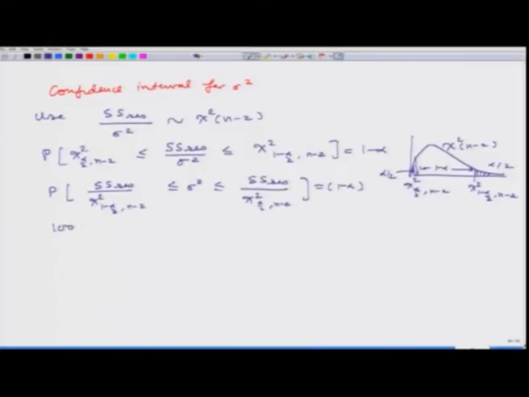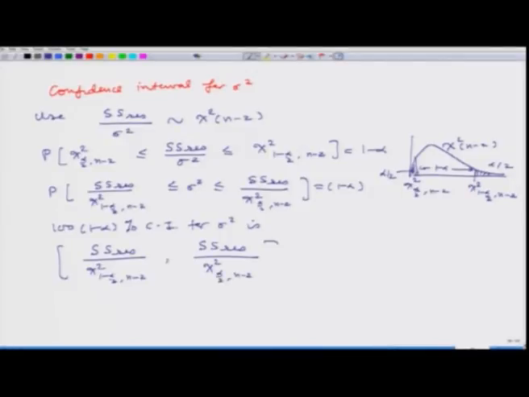So, the 1 minus alpha percent confidence interval for sigma square is now simply SS residual divided by chi-square 1 minus alpha by 2, n minus 2 degrees of freedom, and SS residual divided by chi-square alpha by 2, n minus 2.